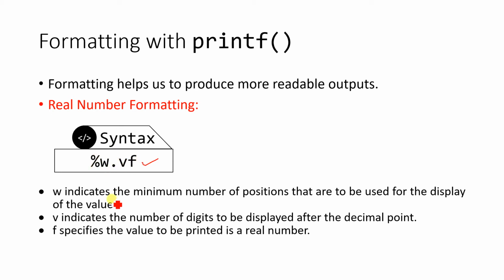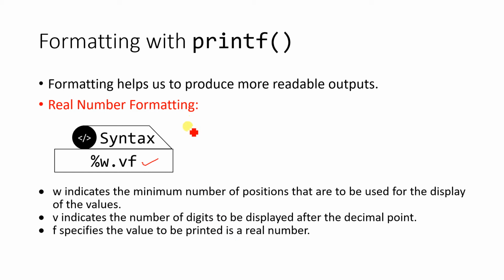W indicates the minimum number of positions to be used for the display of the value. V indicates the number of digits to be displayed after the decimal point. And obviously, as it is real number formatting, f specifies that the value is to be printed as a real number.